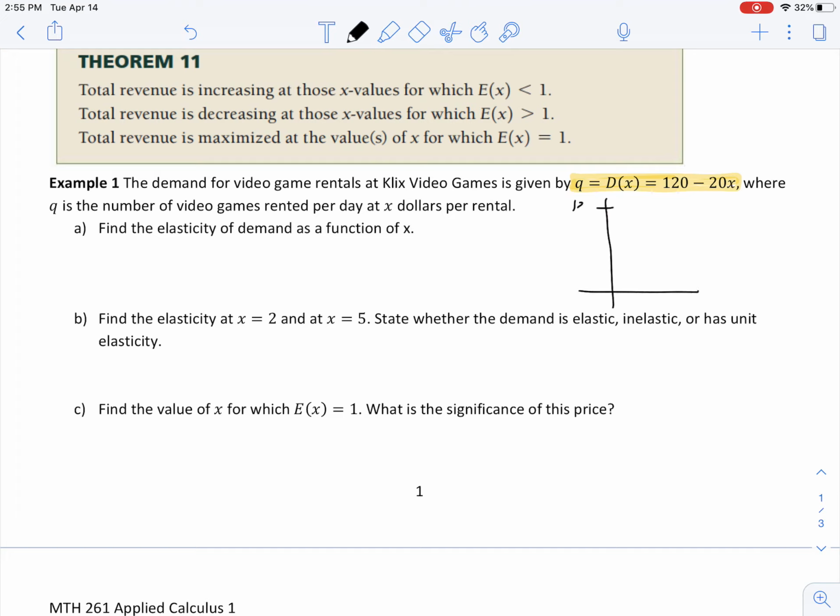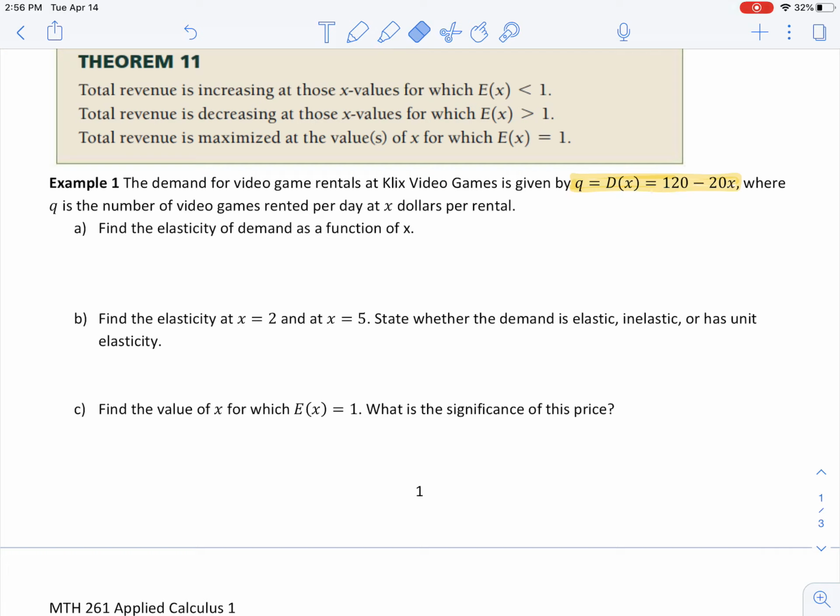So if you think about this function, this is a linear function where the y-intercept is at 120 and it's going down 20, so it's a decreasing function. Every dollar amount that they increase, the number of video games rented will go down by 20.